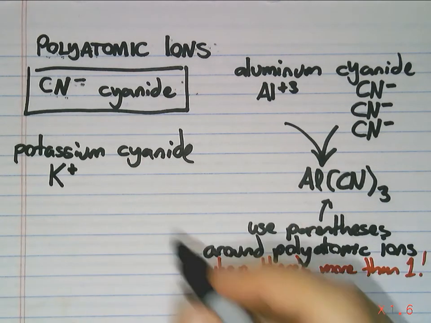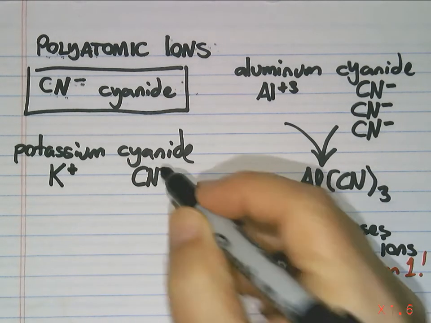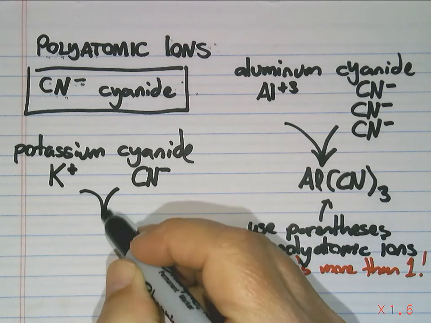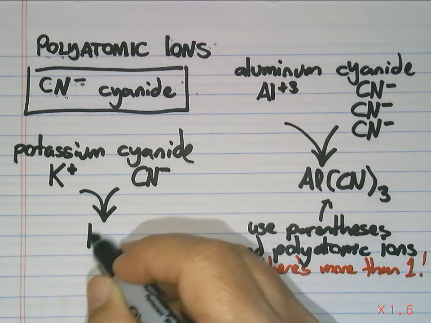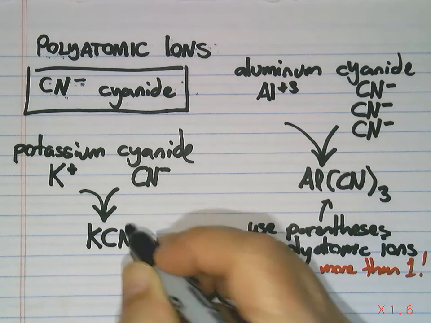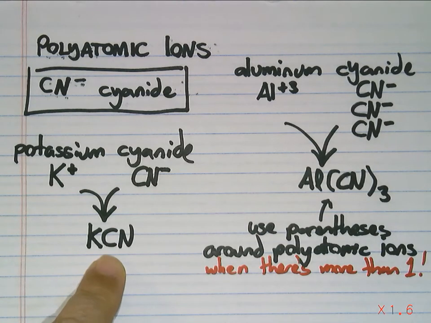And then I know what the cyanide ion is. I can put those together just the way they are. And I don't have to put parentheses around the CN. So it's not necessary. And notice when I push them together, I take away the charges.